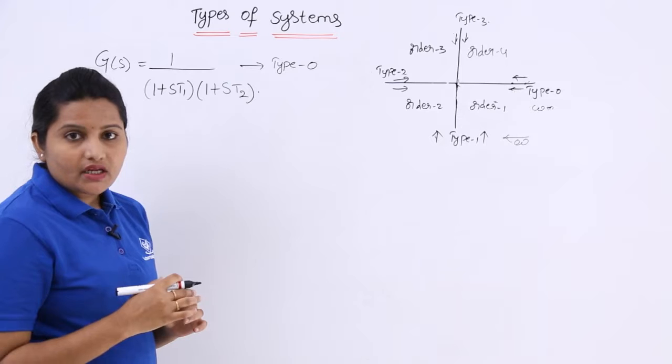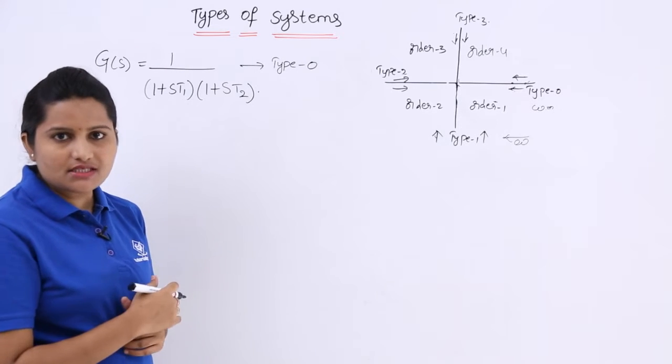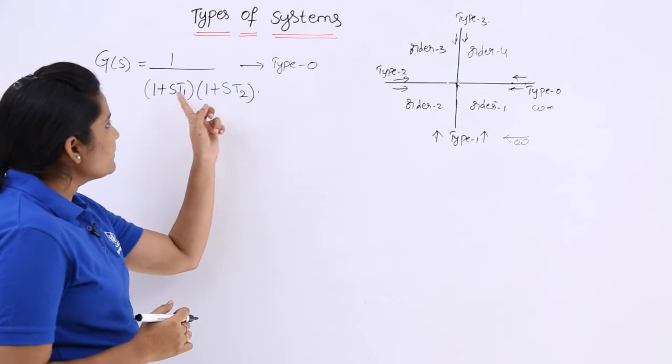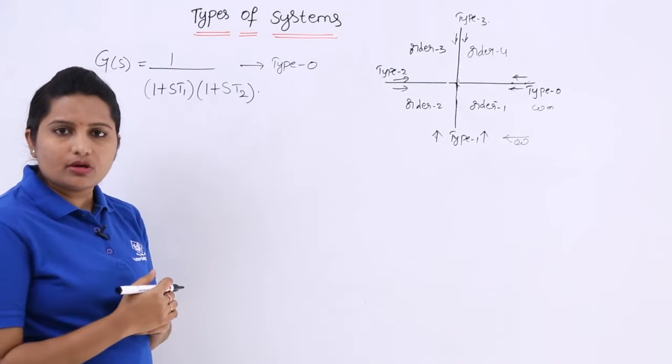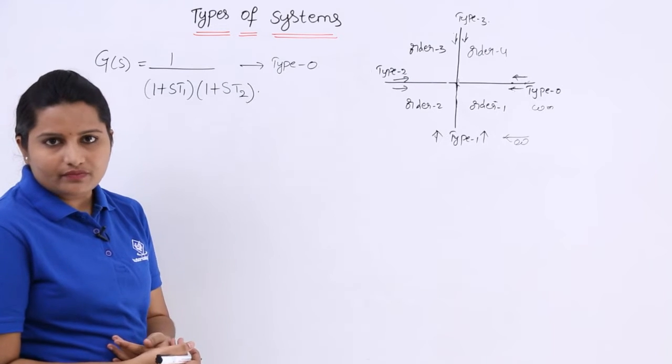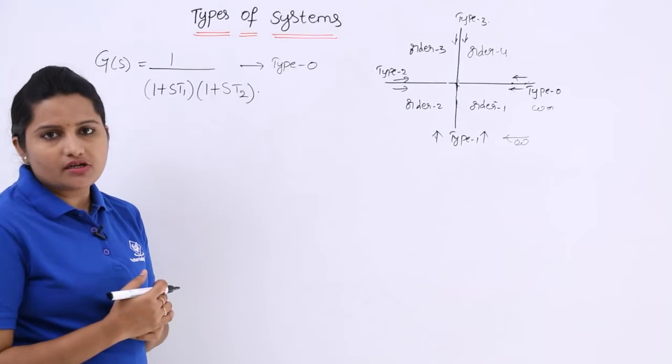Coming to order, the maximum power of s decides the order of the system. If you see, the maximum power of s in the denominator polynomial is s square, not more than that. That is why 2 is the order of the system.